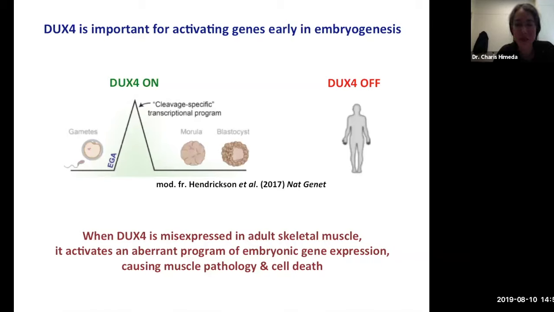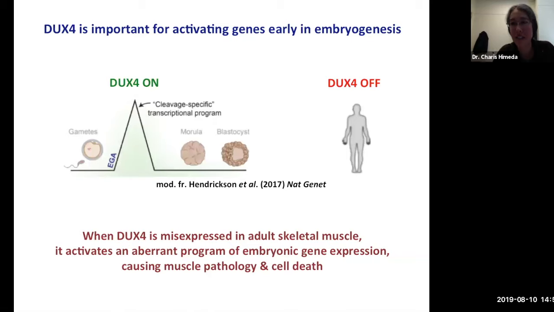I can also point to a really great paper that came out of Steve Tapscott and Robert Bradley's lab, showing recently in Developmental Cell that DUX4 is not just misexpressed in FSHD, it's also misexpressed in certain cancer cells, and it allows those tumor cells to escape immune surveillance. Some of the genes that DUX4 turns on at the cleavage stage are immune modulators, and it's thought that they protect the embryo from the maternal immune system.